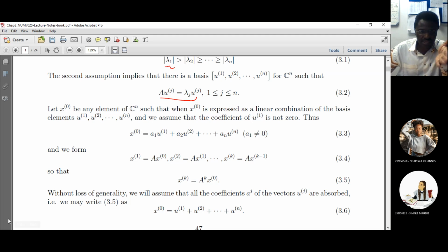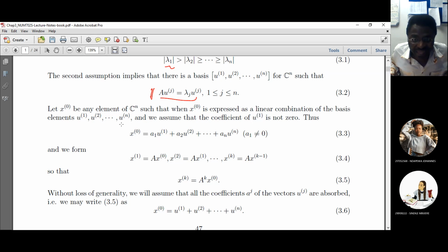So this is the linear algebra I was talking about. Now, when you take a vector, you write it in a space, right?